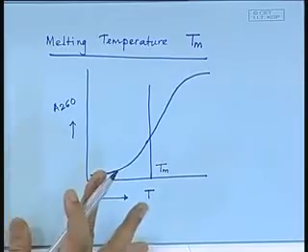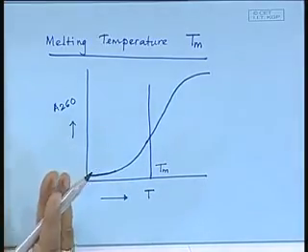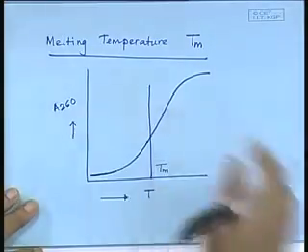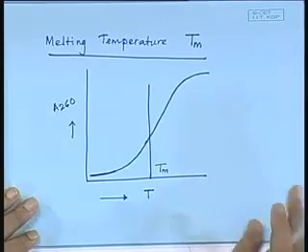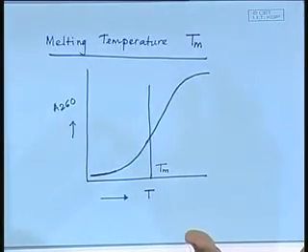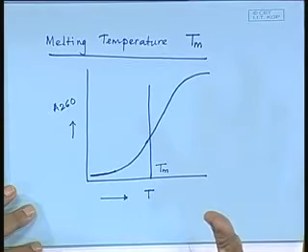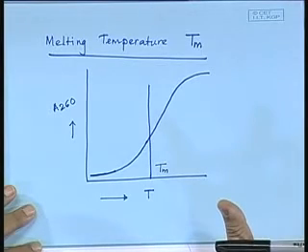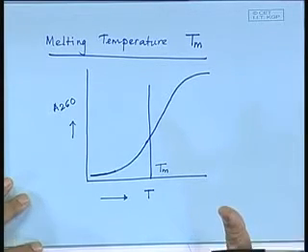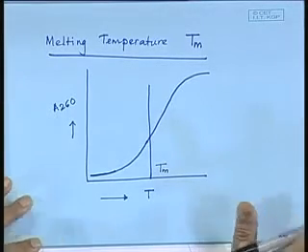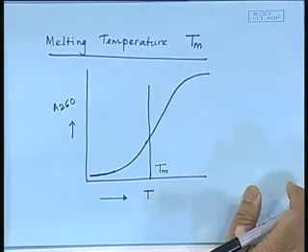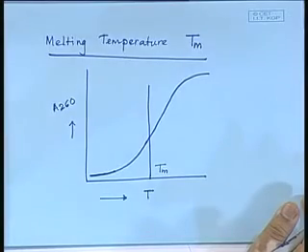Now, what did we do in the previous one that I showed you? We had the DNA curve, you are monitoring it at different wavelengths, and we found out that the maximum absorbance was at 260 nanometers. Now, this maximum absorbance at 260 nanometers increases when we increase the temperature.